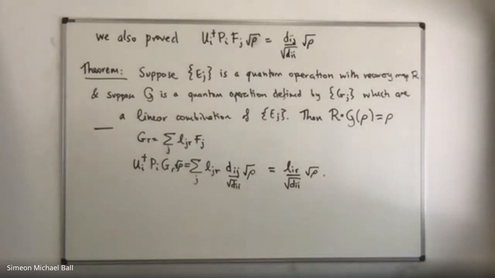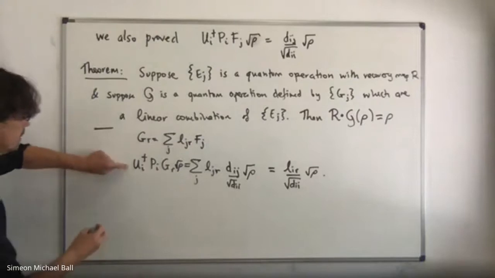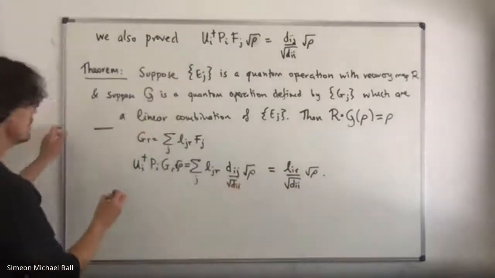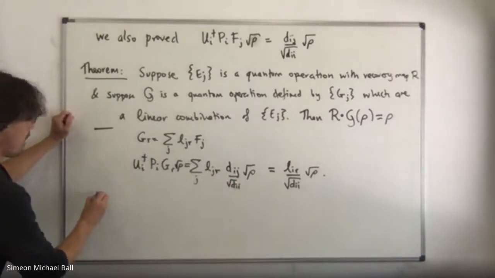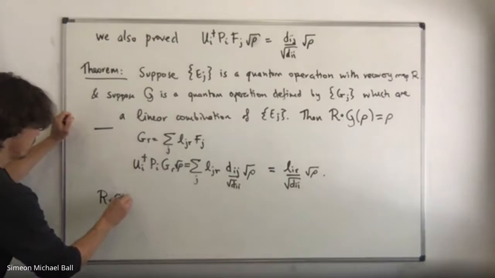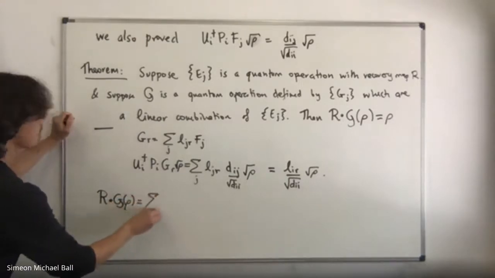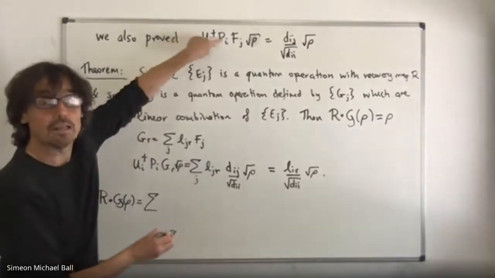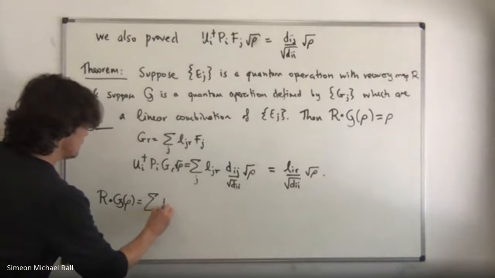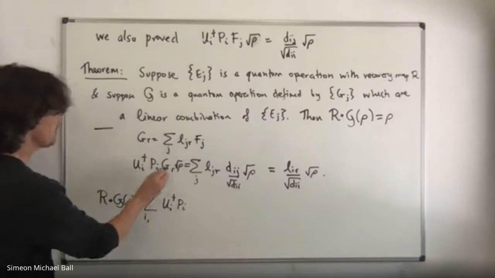So now we can just apply our recovery map to G. So R of G of rho. The recovery map was the U_I dagger P_I, so it's going to be U_I dagger P_I, and we're summing over I, the sum of the G's.